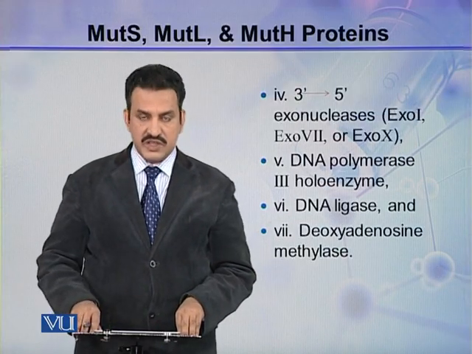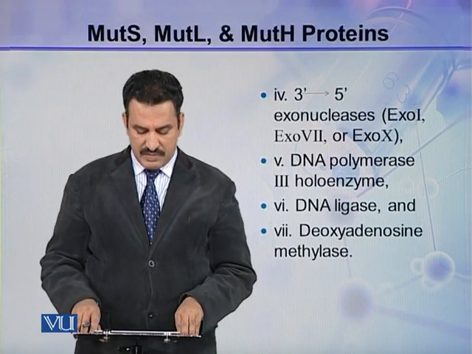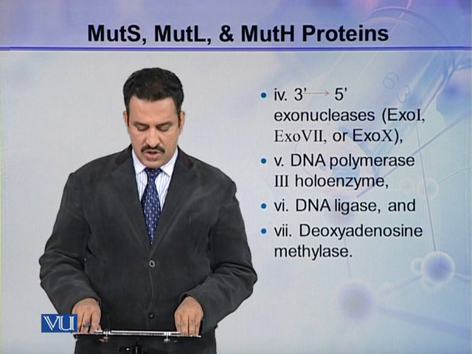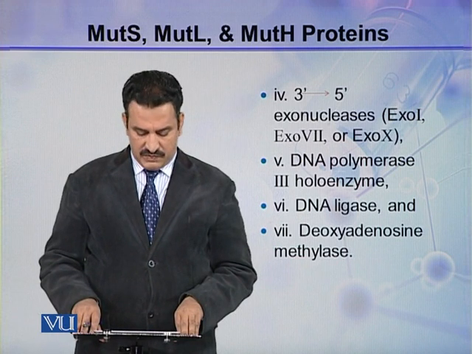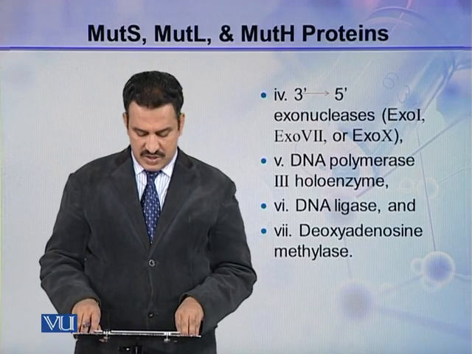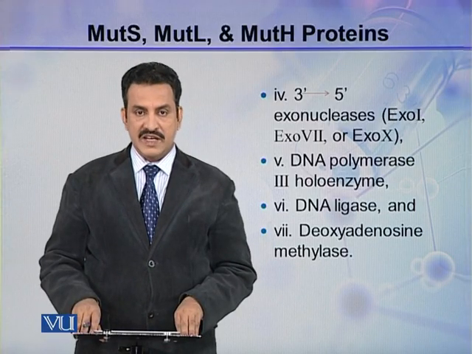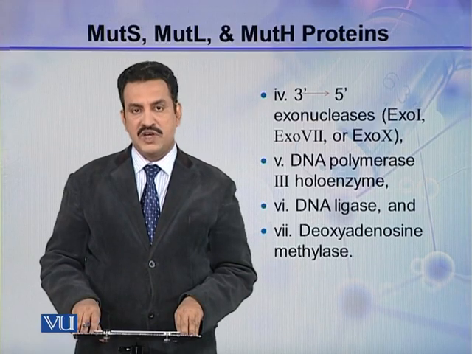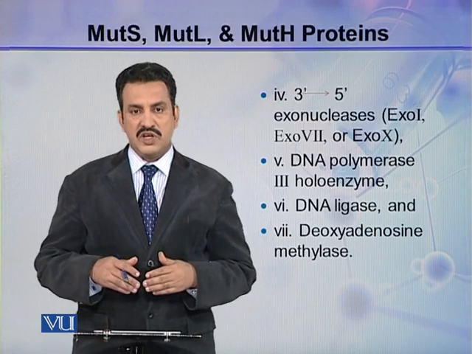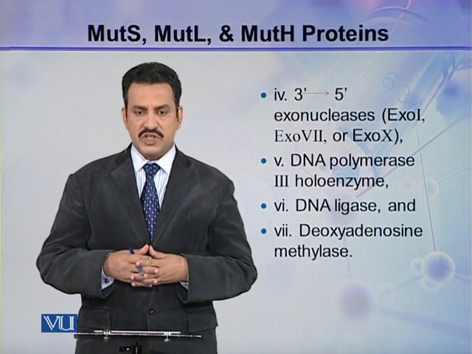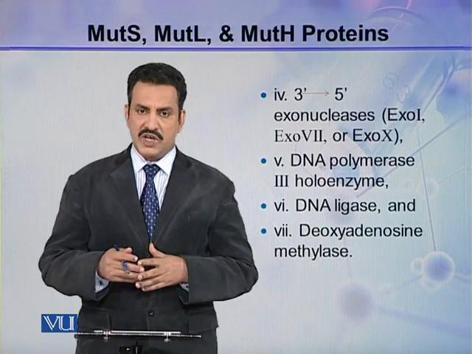The fourth one is 3' to 5' exonucleases, that is EXO1, EXO7 or EXO10. The fifth one is DNA polymerase 3 holoenzyme. The next is DNA ligase, and finally deoxyadenosine methylase. So there are a number of enzymes and protein factors which are involved in this mismatch repair system in E. coli.